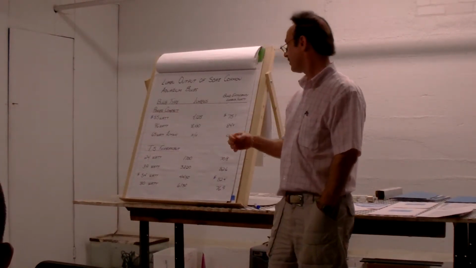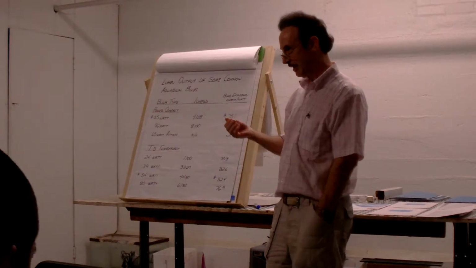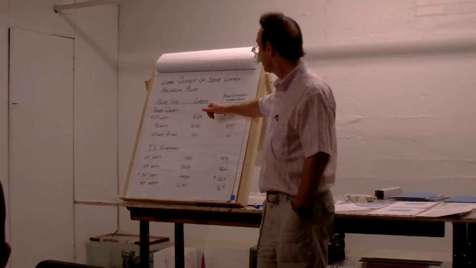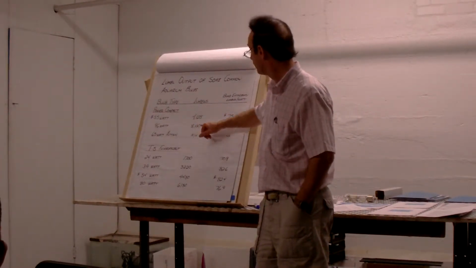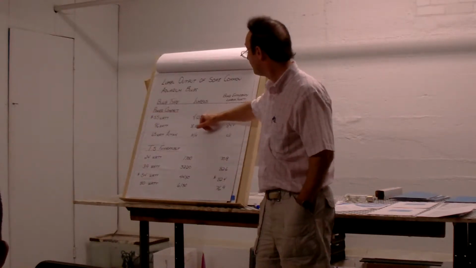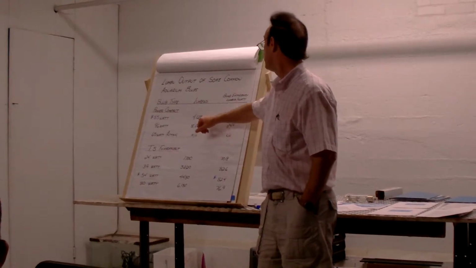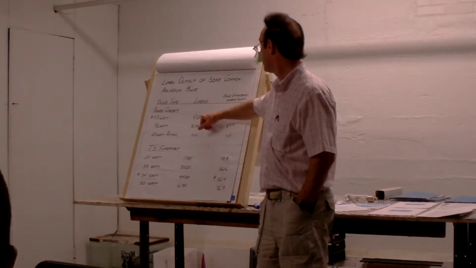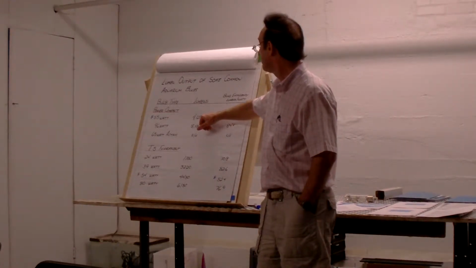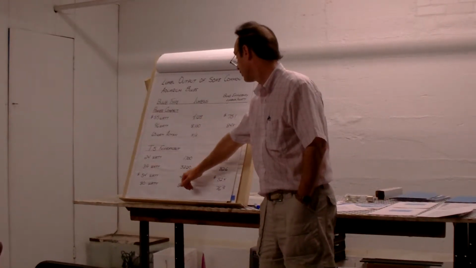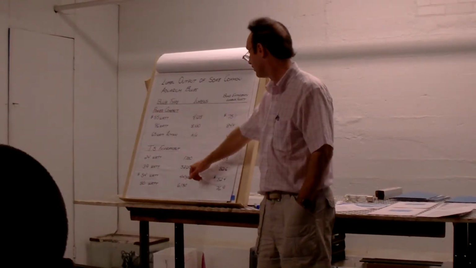It was advertised that they are significantly more efficient than the standard PC. So we're going to compare the lumen outputs. If we compare a 55 watt PC to a 55 watt T5, you can see we have 4128 lumens for the power compact to 4450. So not a tremendous amount of difference.